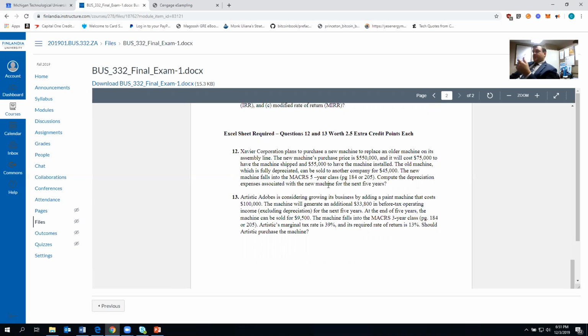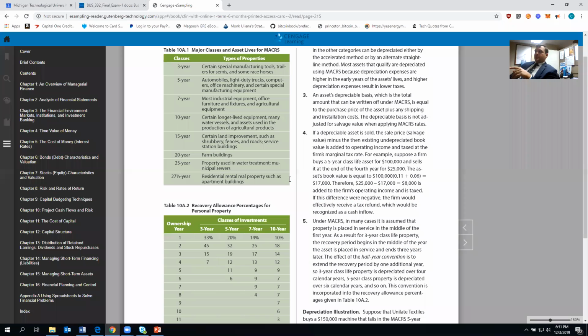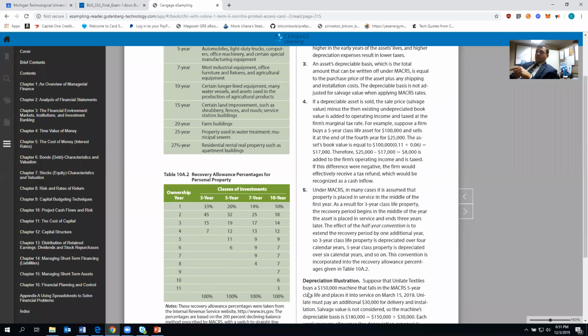That's page 184 in the 5th edition and page 205 in the 6th edition. We'll give you the MACRS schedule so you know how much depreciation to take away.